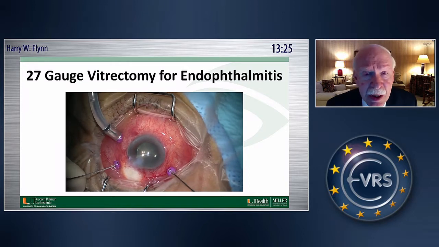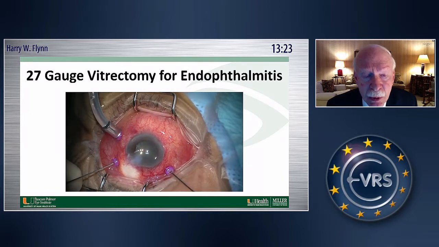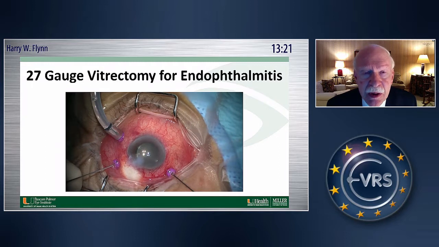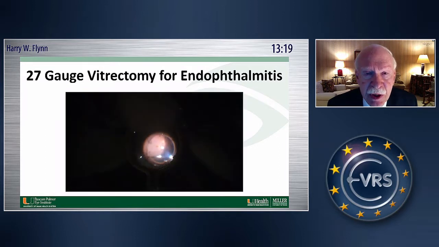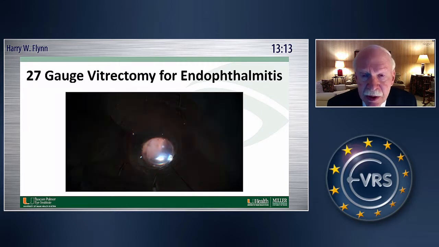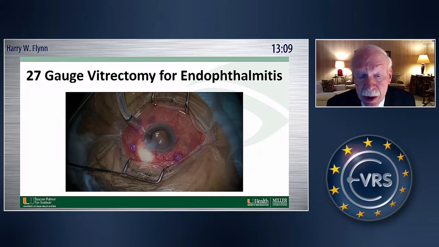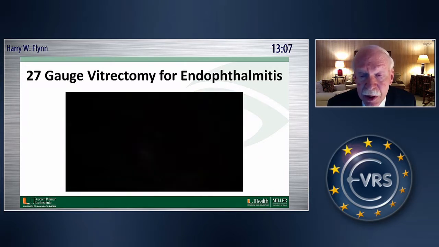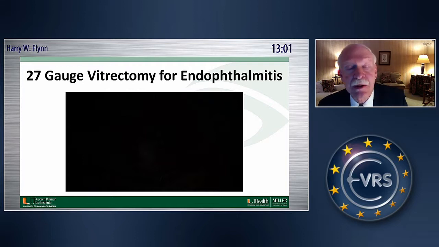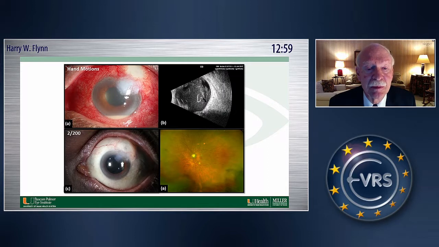In some cases, the hypopyon will cover the intraocular lens and make view difficult of the posterior segment. We then perform a core vitrectomy. You can see the media opacities are cleared, and once the opacities are cleared, we exit the eye and inject the intravitreal antibiotics. Next slide, please.